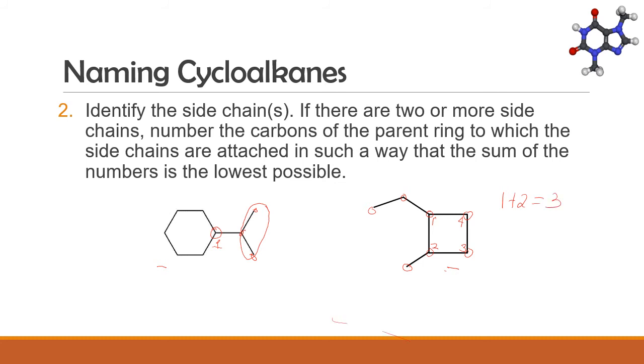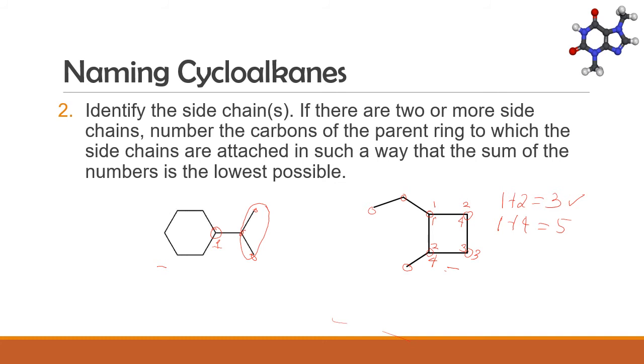However, if we number this clockwise, as in 1, 2, 3, and 4, our side chains would be attached to carbon 1 and 4, which gives us 5. Since 3 is a lower number, our numbering is counterclockwise.